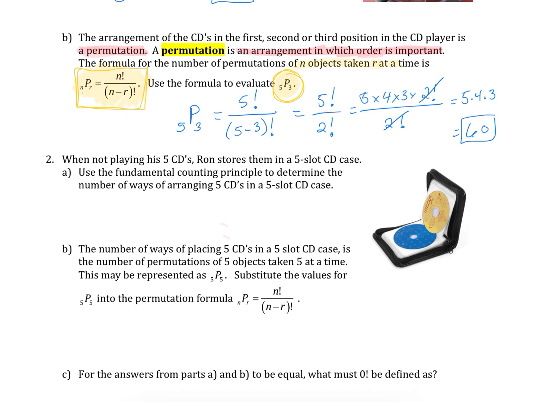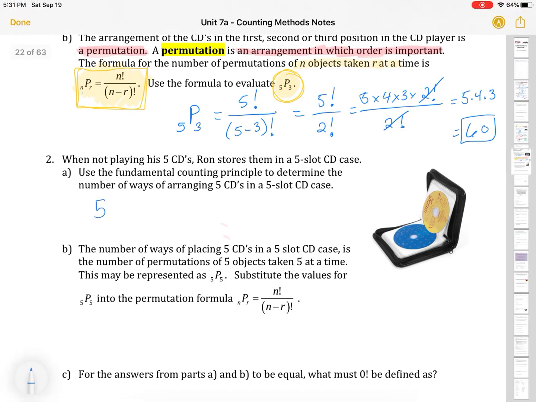When not playing his 5 CDs, Ron stores them in a 5-slot CD case. Using the fundamental counting principle, determine the number of ways of arranging 5 CDs in a 5-slot CD case. So we're arranging.